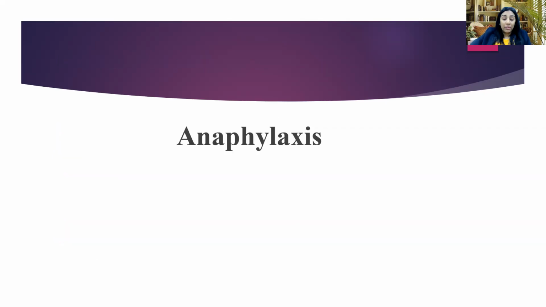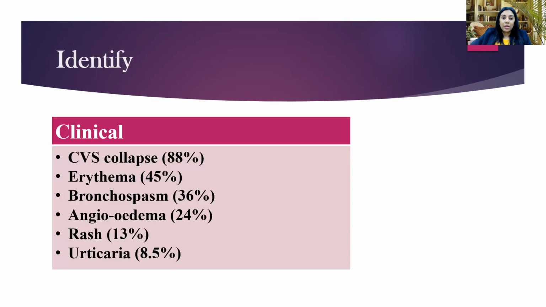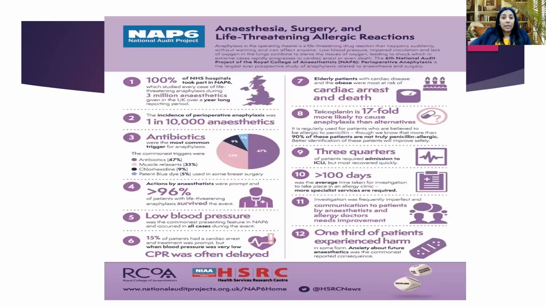Next, we go on to anaphylaxis. It's actually a hypersensitivity reaction mediated by immunoglobulin E to an antigen, causing serotonin and histamine release. Here I'm going to talk mainly about anaphylactic shock, which occurs as a CVS collapse.